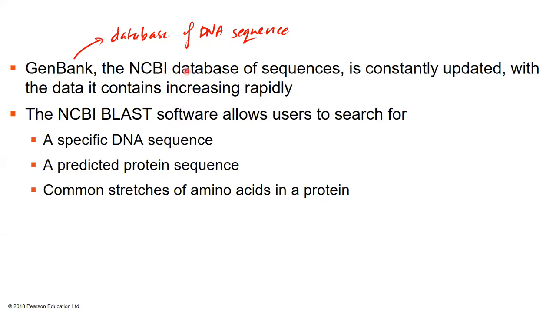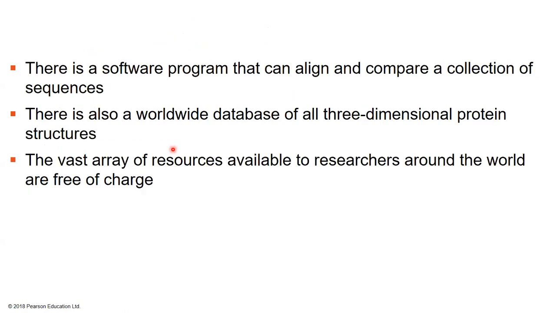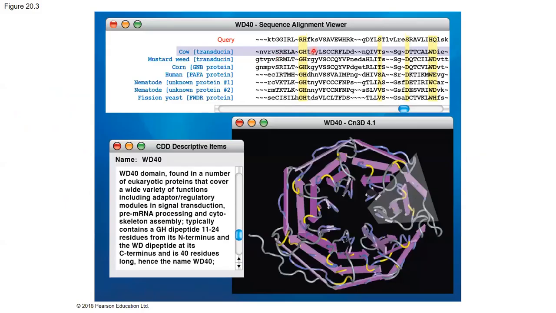And within this database there is also a software called BLAST. BLAST is a software that allows us to search for a specific DNA sequence, to predict a protein sequence from a DNA sequence, and maybe to compare DNA sequences from different organisms.